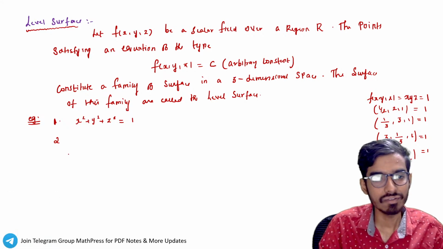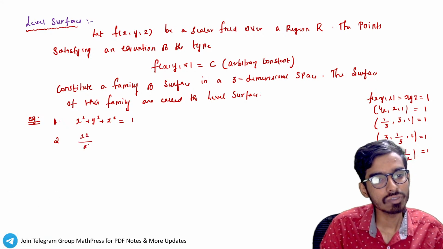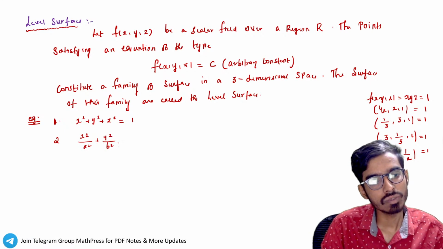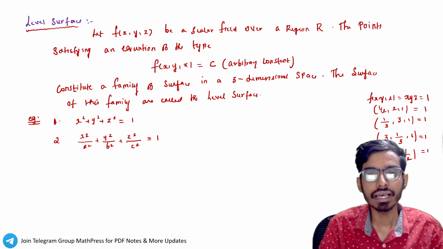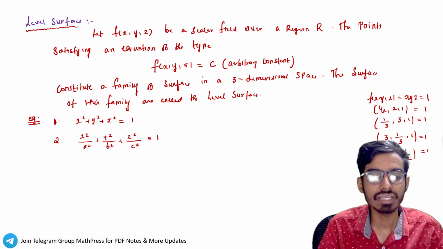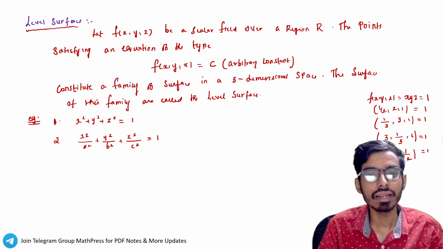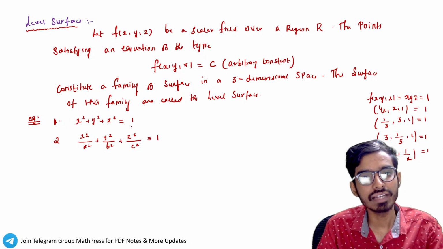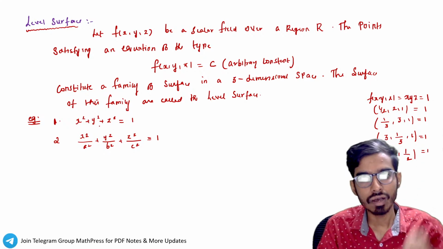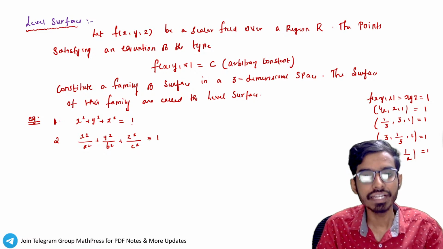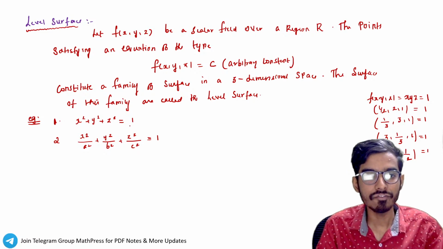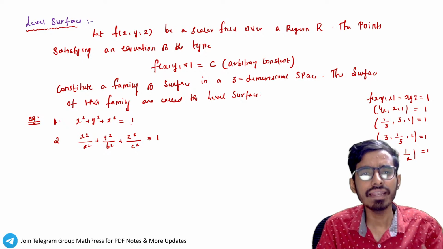It's also a level surface, right? x square by a square plus y square by b square plus z square by c square is equal to 1. Ellipsoid, again a level surface. We have a function of x comma y comma z, and we are fixing an arbitrary constant. You need to collect all those points that satisfy this equation, that will form a surface in 3D. That surface is called level surface.